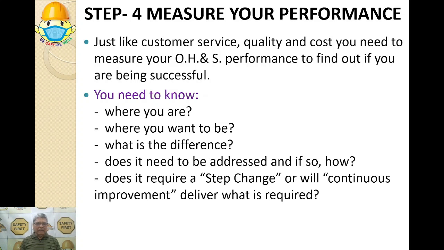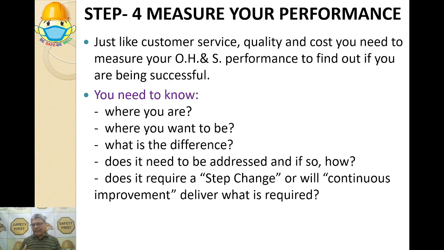So this pertains to referring to the standards: this is the standard, now where you are, how much is the gap, and where you want to be. What is your ultimate achievement of the standards? Now what is the gap between where you are and where you want to be, and does it need to be addressed, and if so, how.